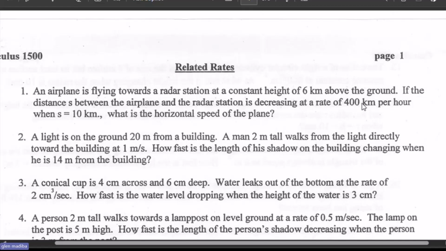Which is 10 kilometers. Do you remember that theorem? Before I go there, we'll get to that. Now, we agreed that ds over dt equals minus 400 kilometers per hour. We agreed, né? Yes, sir. We know that S equals 10 kilometers. That's the distance.